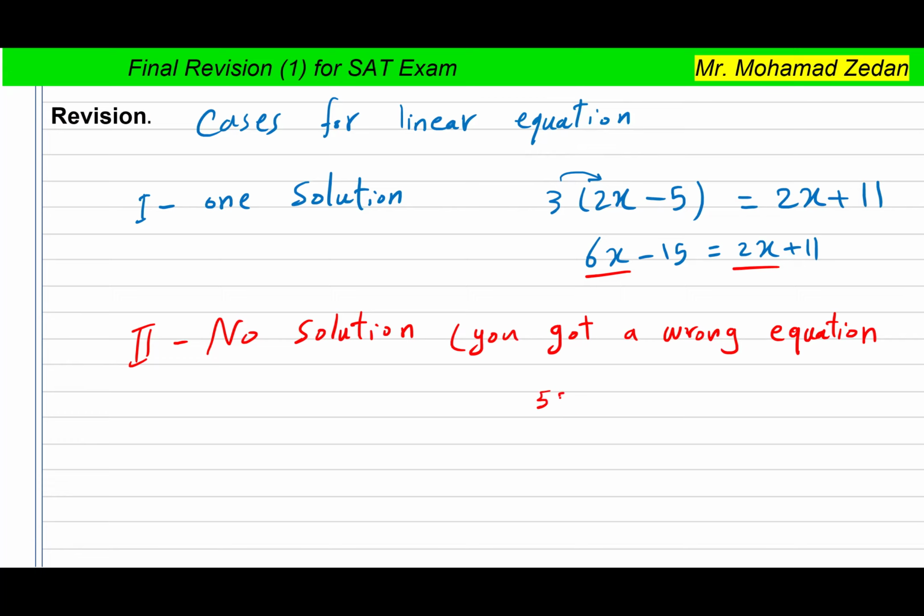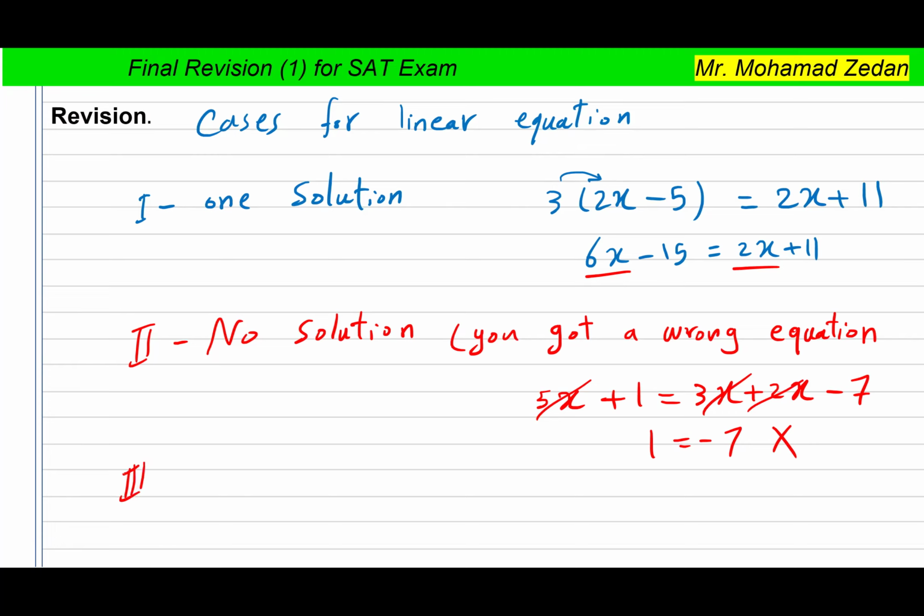When I have an equation like 5x plus 1 is equal to 3x plus 2x minus 7, it really has no solution, because when you remove the x from each side you will get 1 is equal to negative 7. It's an incorrect sentence, so this is no solution.